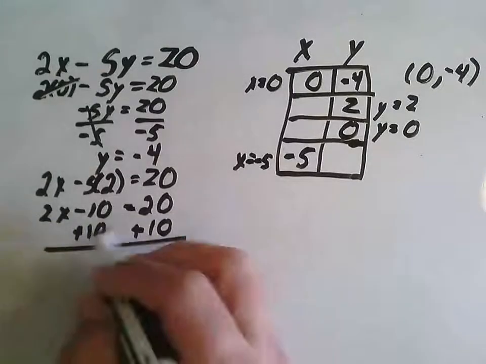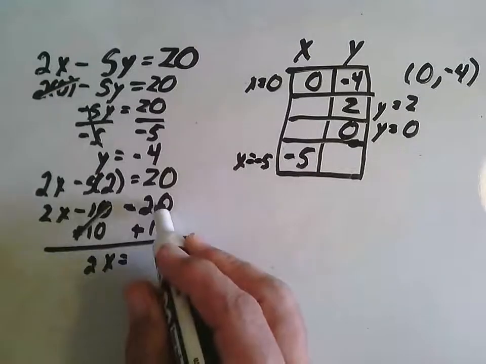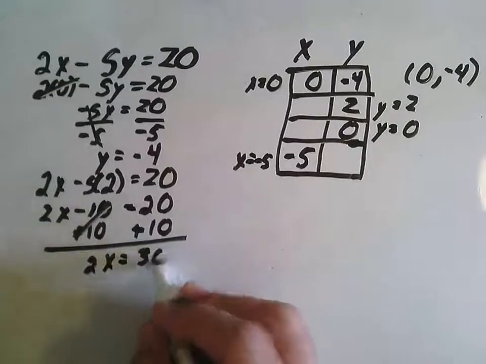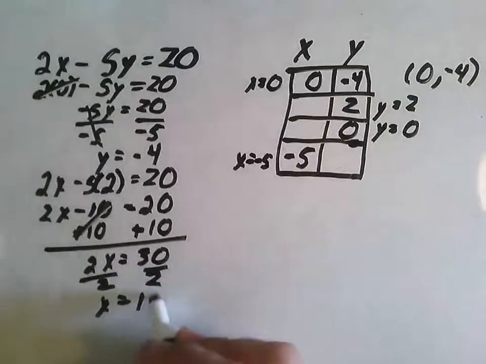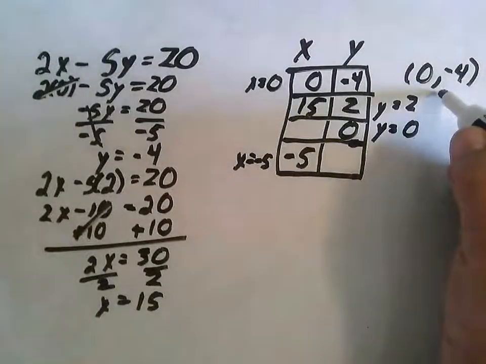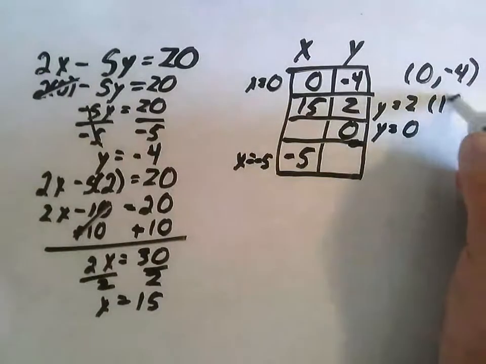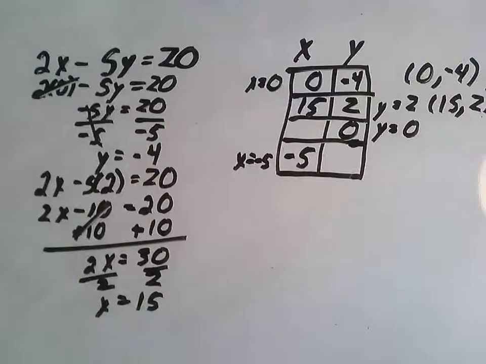Or if I do it on one side, I do it on the other. That allows that to disappear. And then in this case, 2x is going to be equal to 20 plus 10, which is 30. Divide both sides by 2. And that's just going to leave you with 15. If I'm writing this one out as an ordered pair, this would be 15 and 2. And then you just keep going.